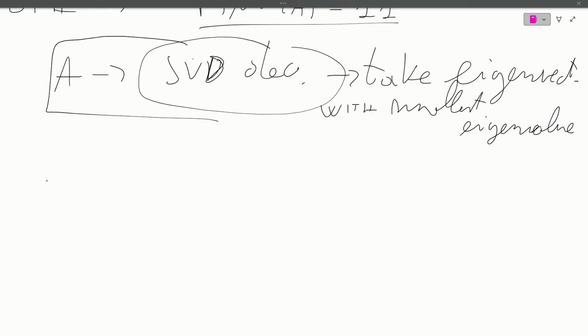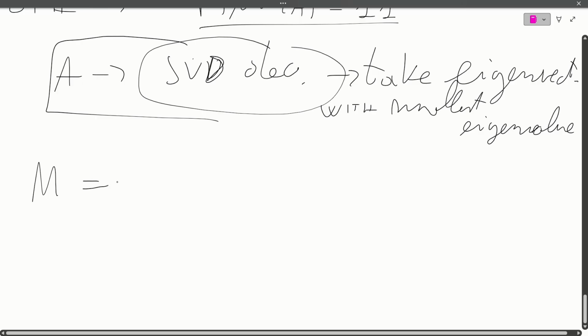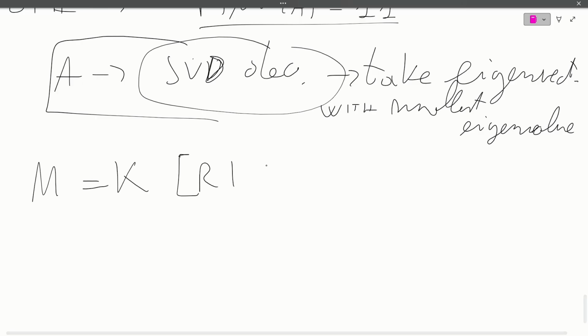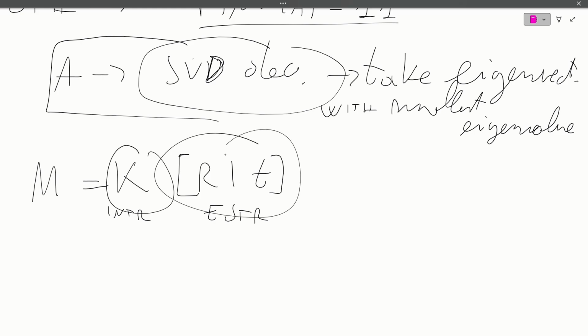We need the intrinsic and extrinsic parameters, because I told you M is composed by K multiplied by RT. We need each of them, not their product.